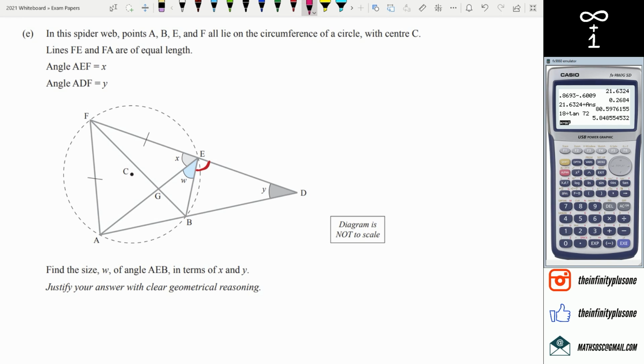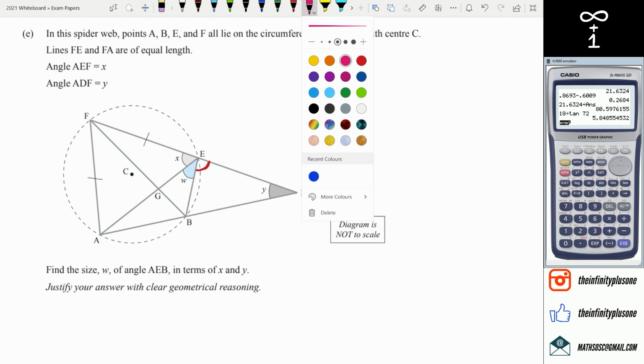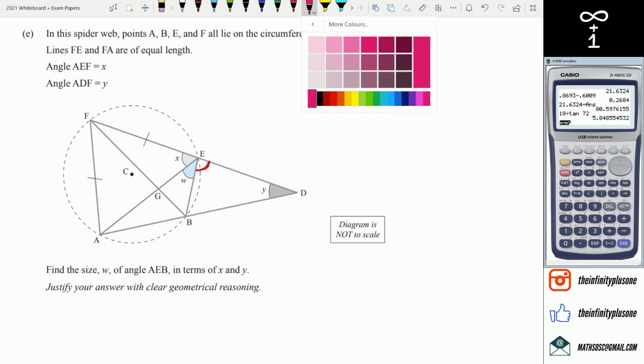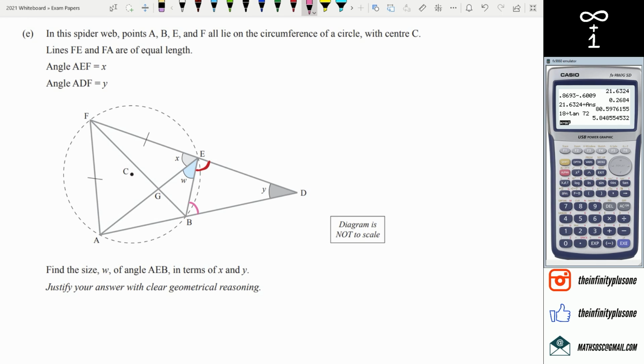I'm going to see if I can get that in a different color. Let's go light pink. So I'm going to need this angle here. To get to the red angle, I'm going to need the pink angle. Now to get the pink angle, I am going to need this angle here, light green, and I'm also going to need the light blue.